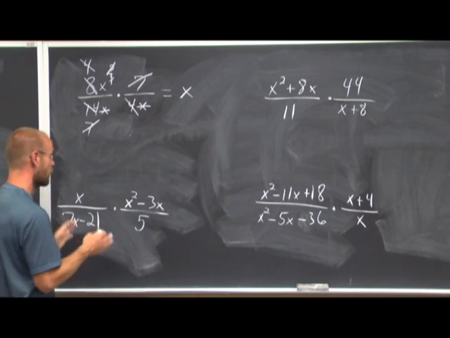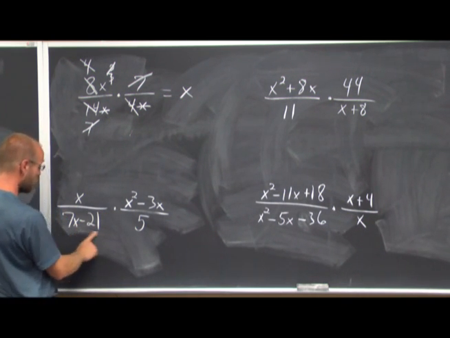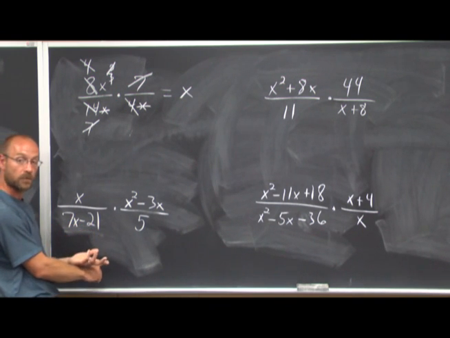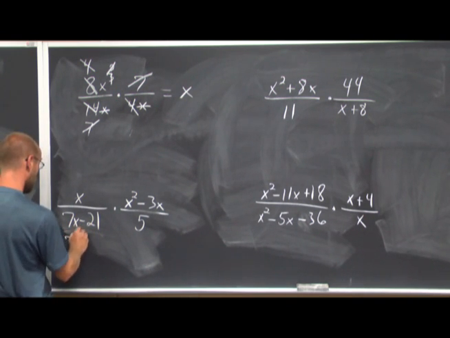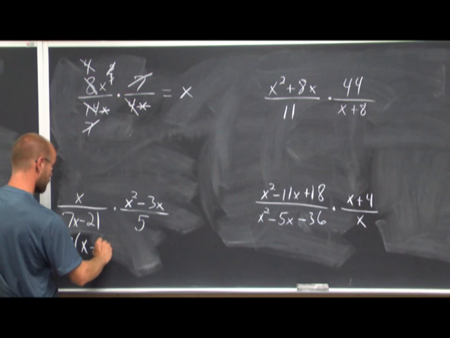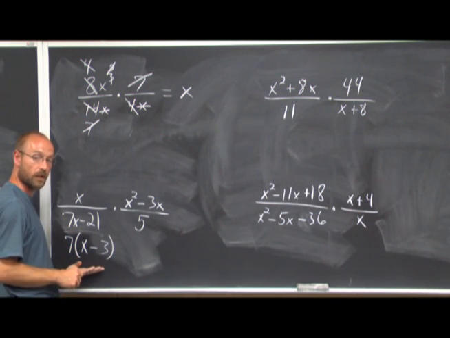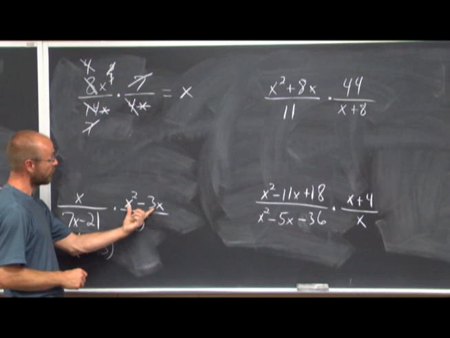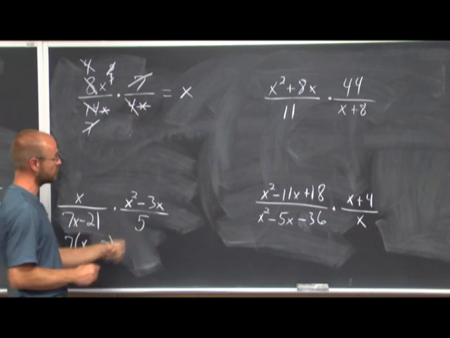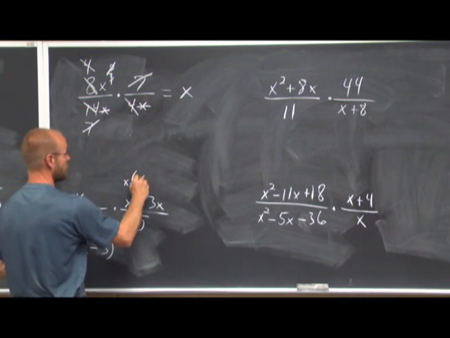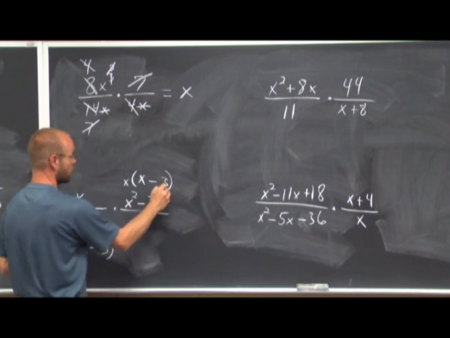Our rules of exponents do not apply to them. So this one here, I look at it and say 7x minus 21. Well, they both have the factor of 7. So I can factor it to 7 times the quantity x minus 3. Over here, I can factor x squared minus 3x to x times x minus 3.